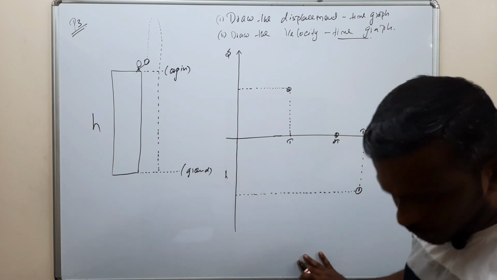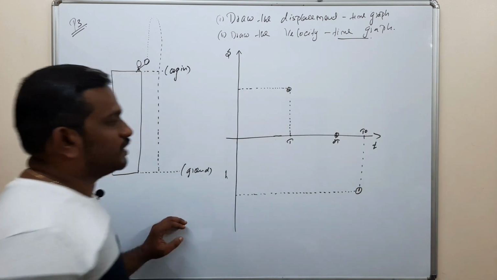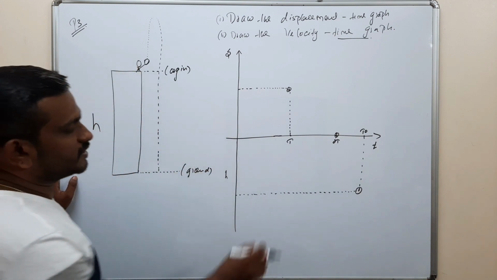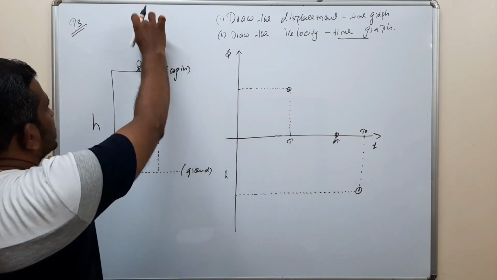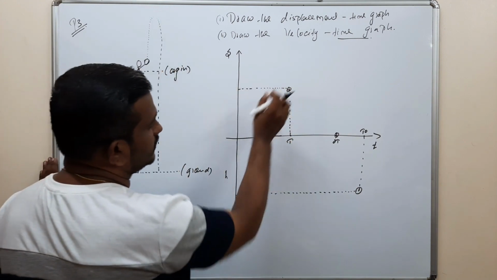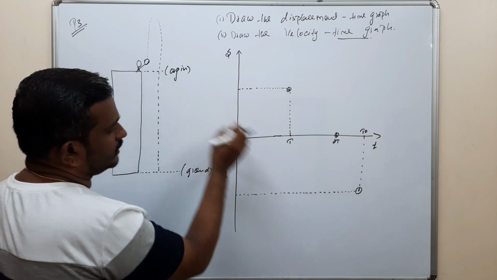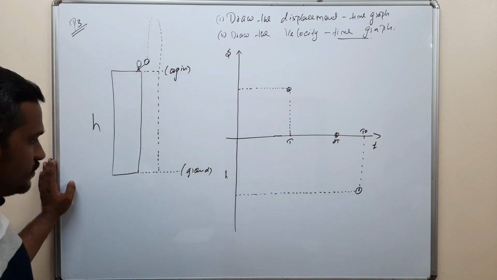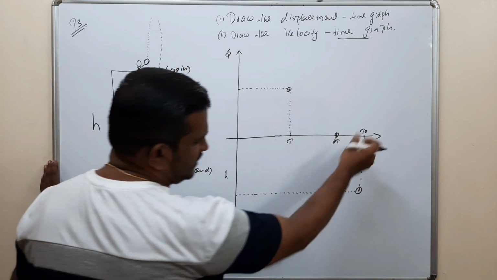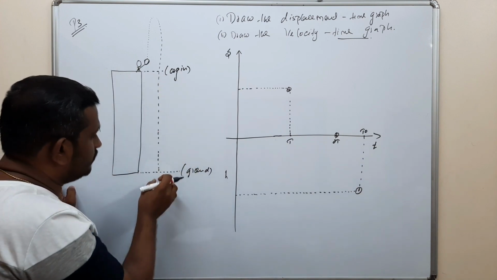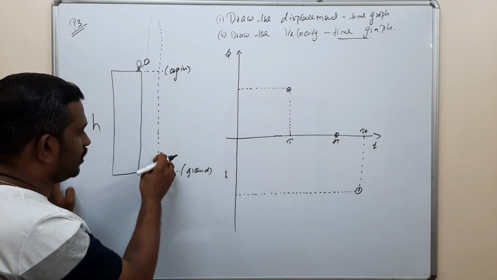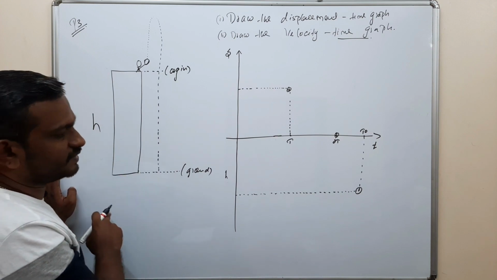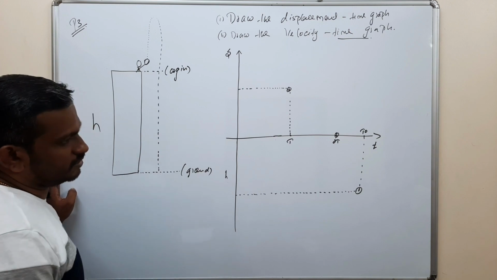So this is the displacement traveled by the body. When a ball is projected, at time t it reaches a certain height in the upward direction. When time becomes 2t, the displacement becomes 0. That means the ball comes to the original position, and at time t0 the ball travels the negative displacement, that is the height, and reaches the ground.